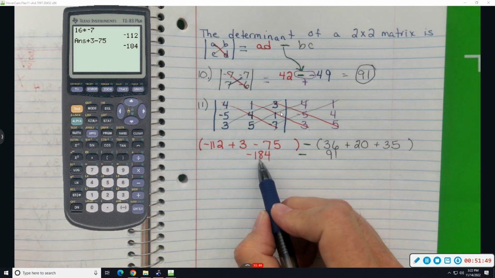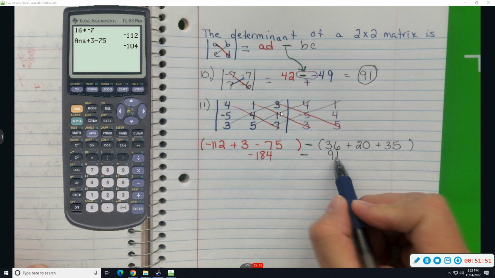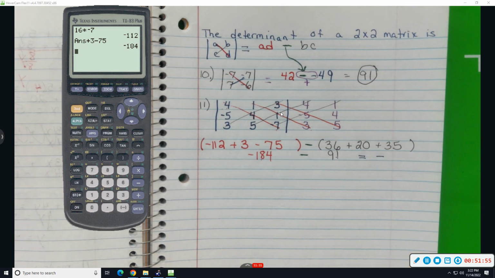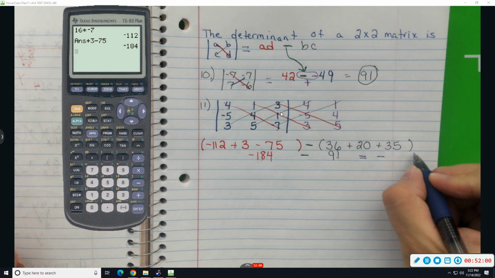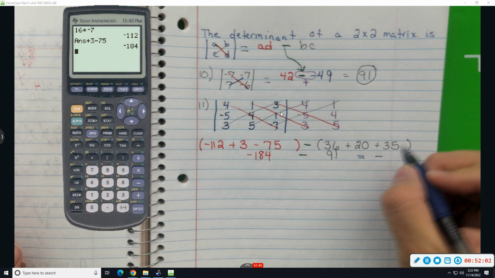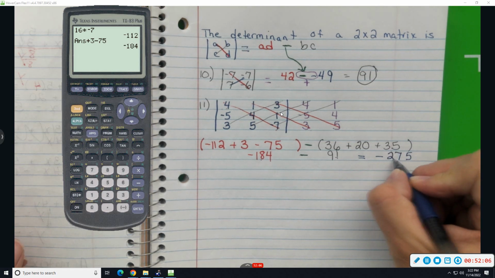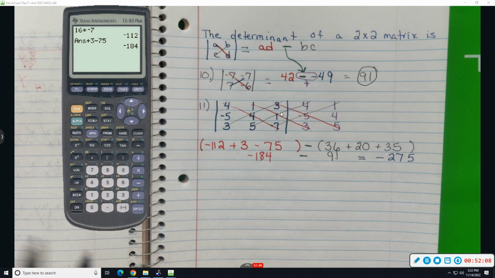So negative 184 minus 91, that's going to be a negative what? 200 what? Okay, negative 275.